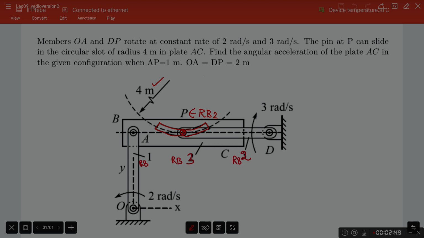We are being asked to find the angular acceleration of plate AC, which I am calling RB3. The other relevant geometric details are given in the problem.